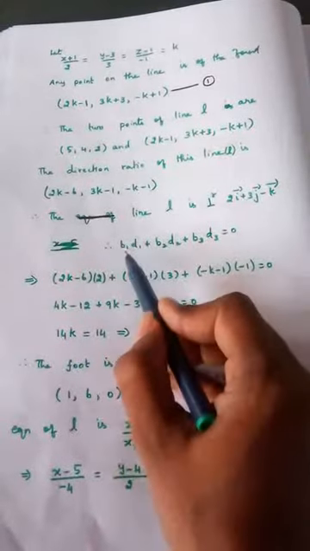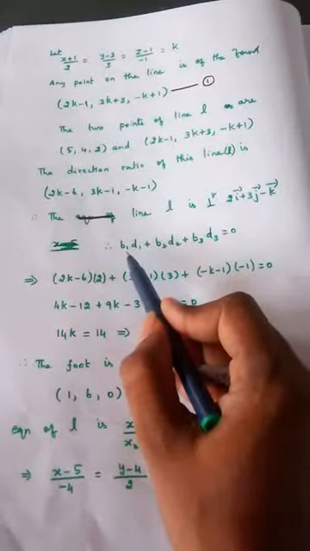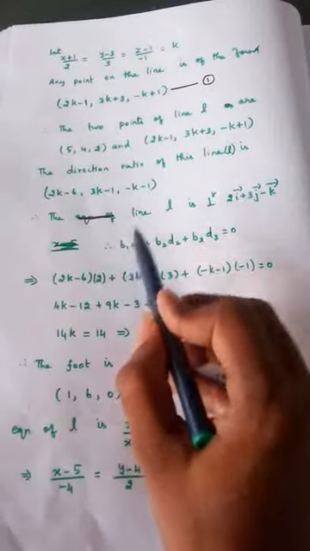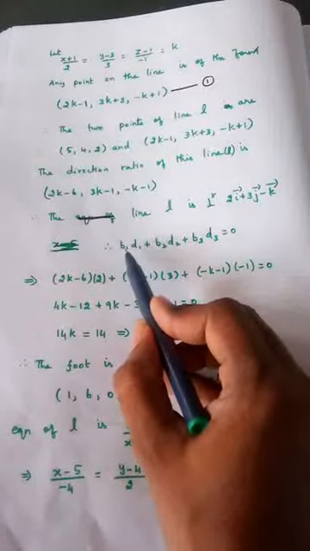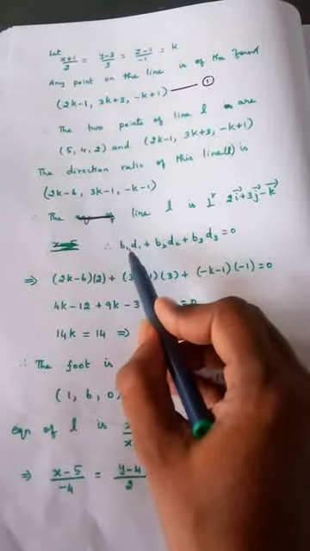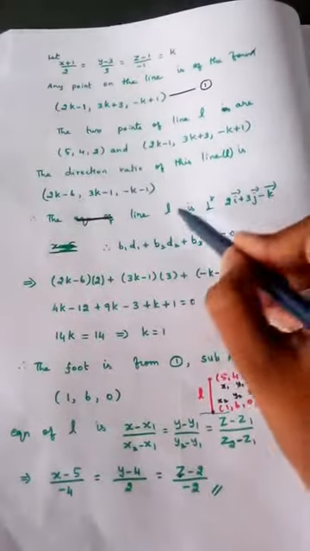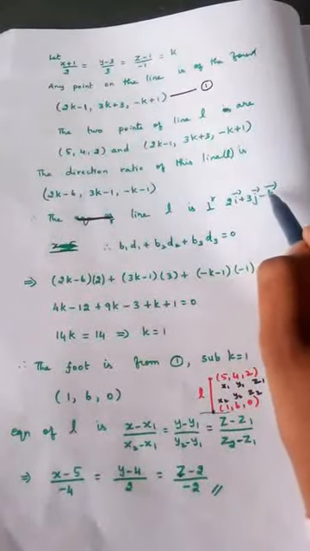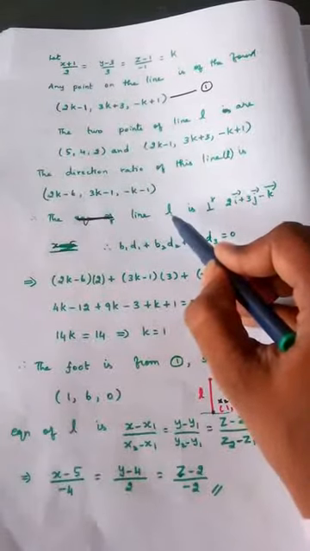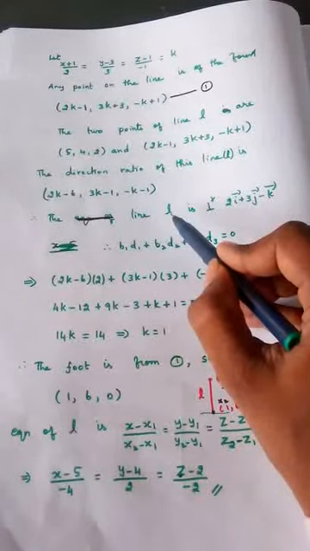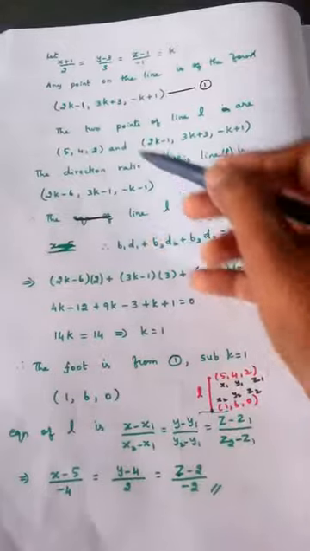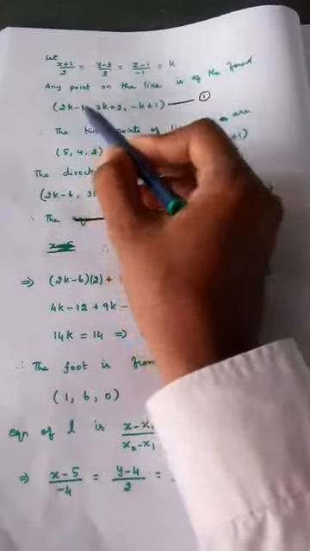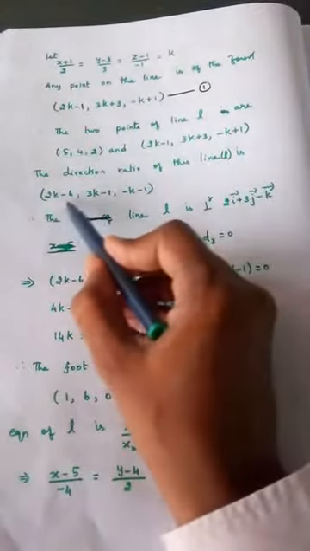Okay, now what is b1? Can you guess what is b1? b1 and d1 are nothing but first line, second line. Which two lines are perpendicular? L and 2i plus 3j minus k. In L, what is the parallel vector for L? 2k minus 6.